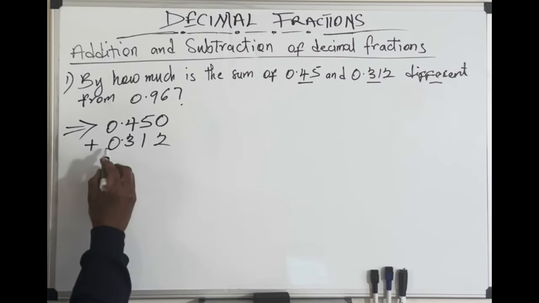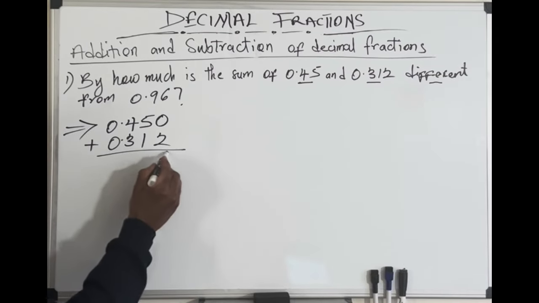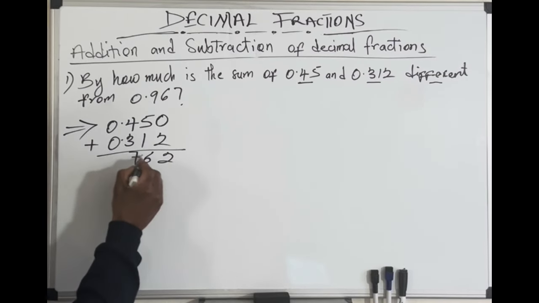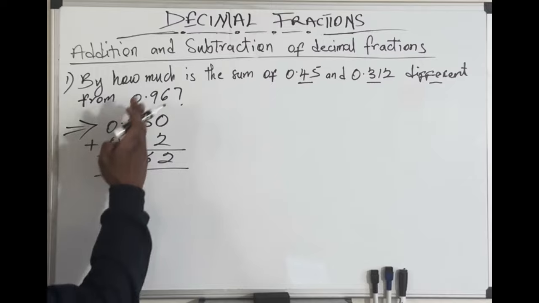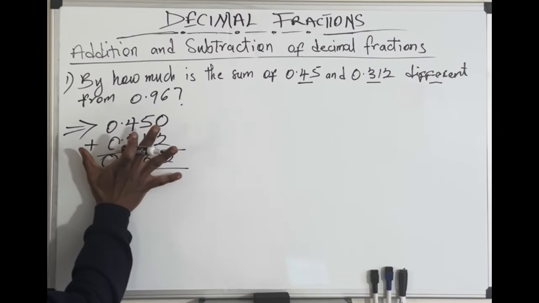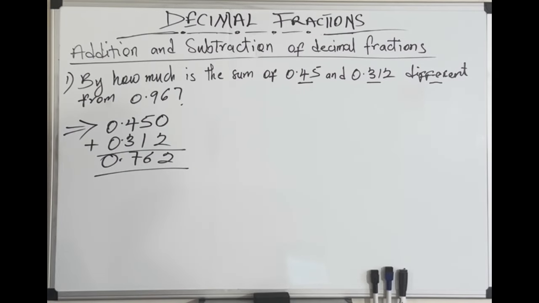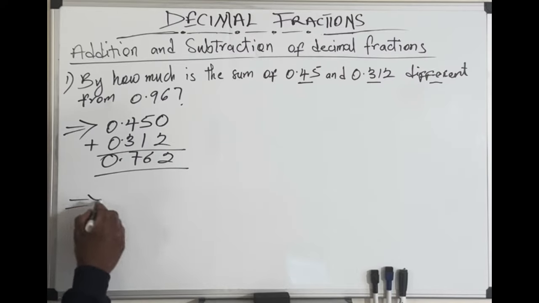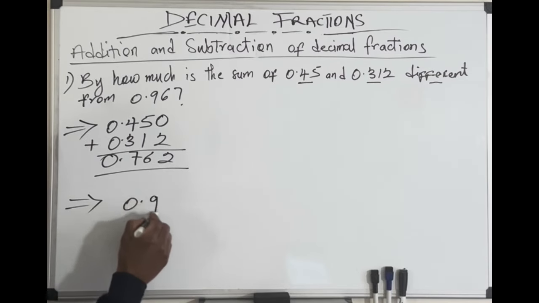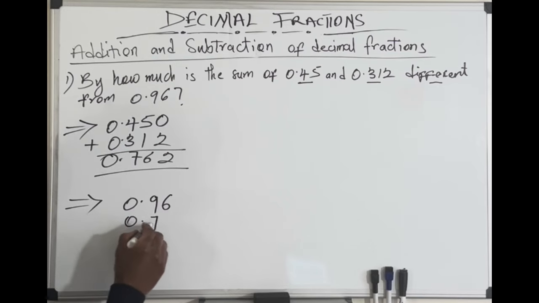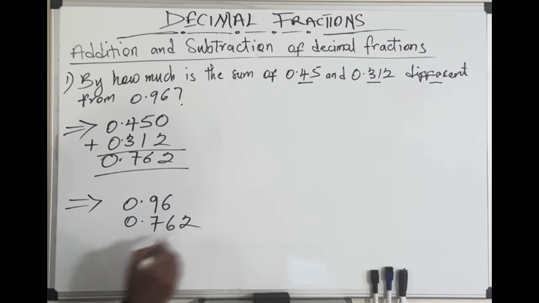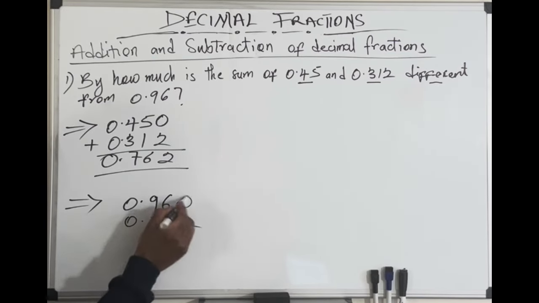So when we add, we get 2 here, 6 here, 7 here, 0. We are not done. We need to subtract it from this. The question said, by how much is the sum of this different from this? So 0.96, then 0.762. You bring 0.